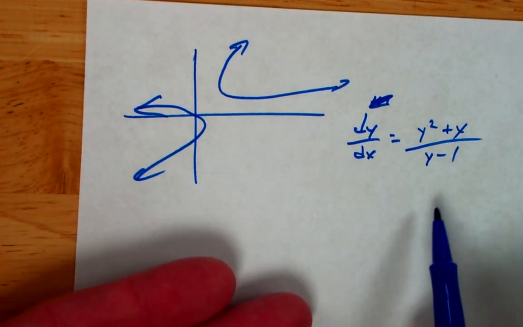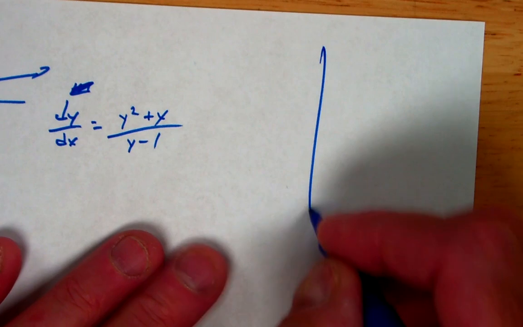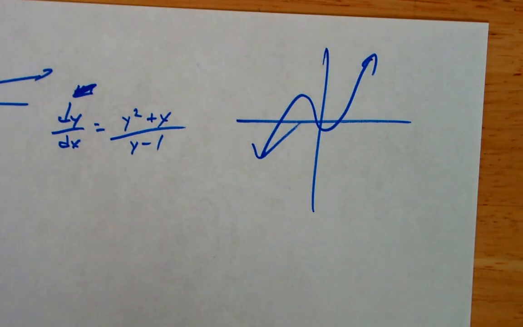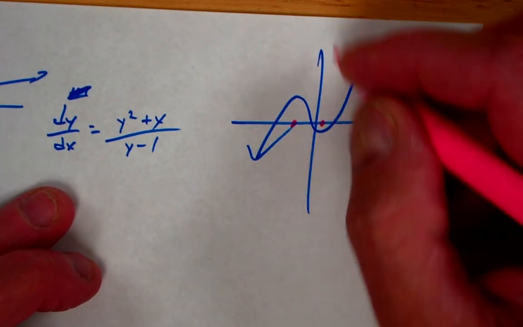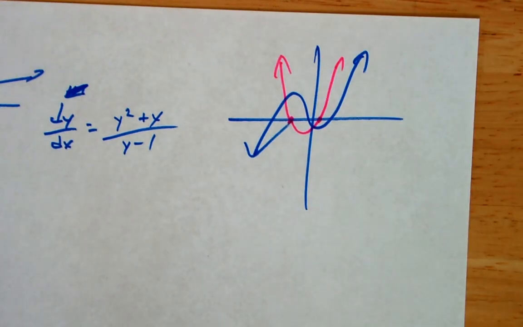That's not unlike some of the problems we've had. What I was trying to find a way to do was to do what we've done in the past and say, okay, here's my function, and then my derivative would be like this. I wanted a visual representation of that.